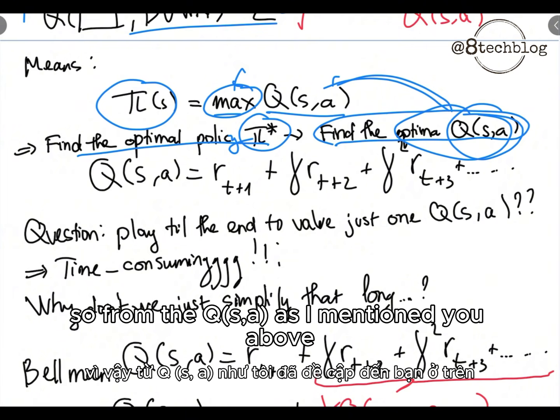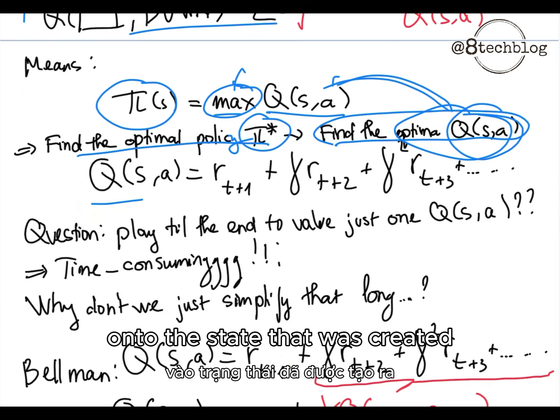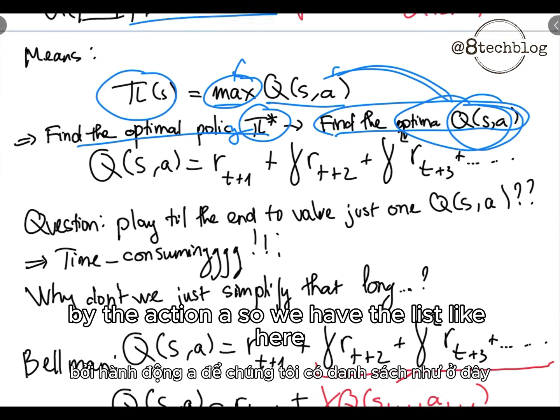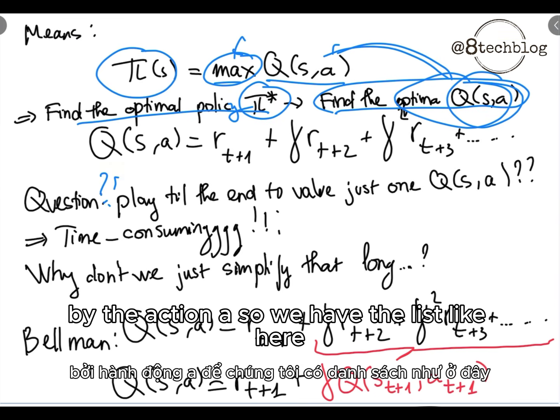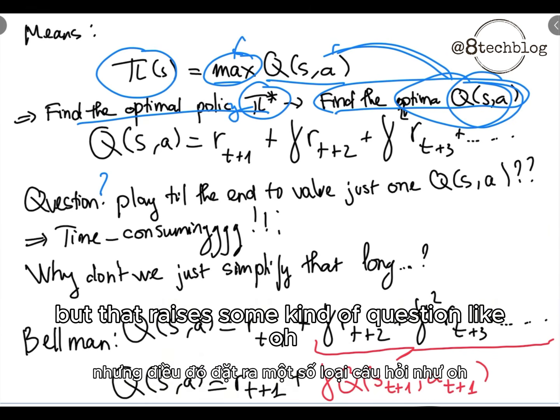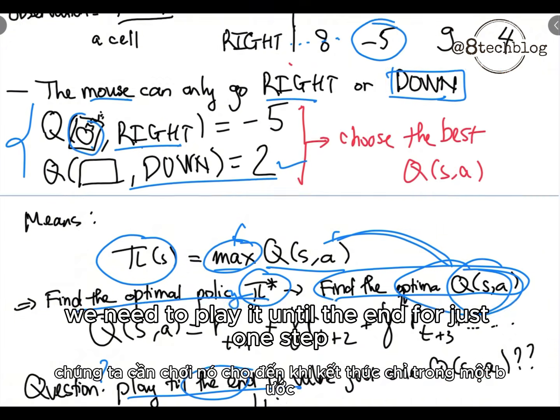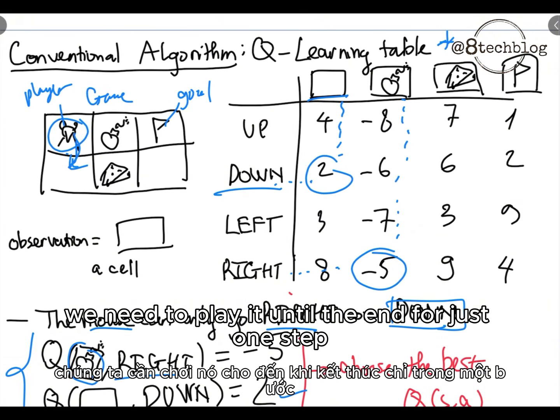From the Q(S,A), as I mentioned above, Q(S,A) is actually the expected value of the state that was created by the action A. But that raises a question: it means we need to play to the end for just one step.